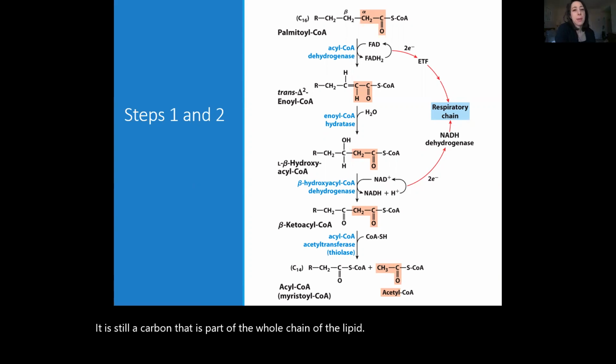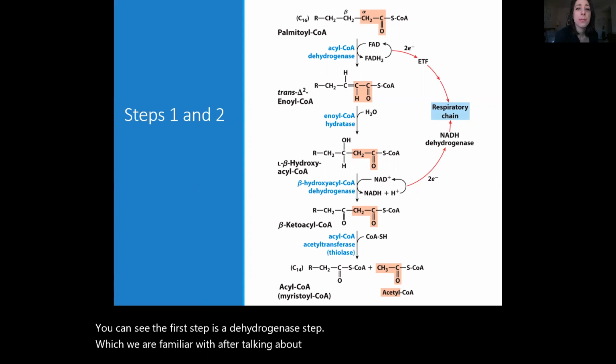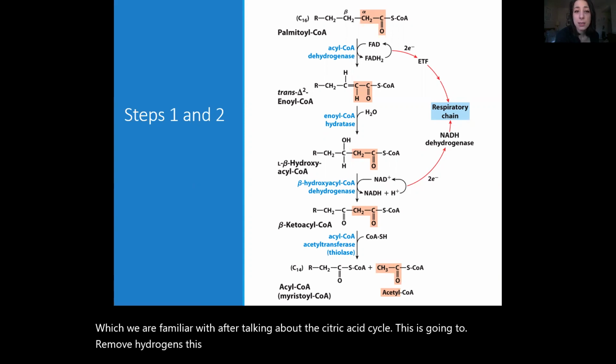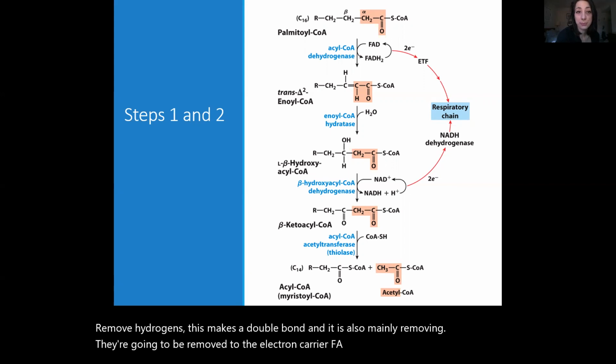You can see the first step is a dehydrogenase step, which we are familiar with after talking about the citric acid cycle. This is going to remove hydrogens. This makes a double bond, and it is also mainly removing electrons. They are going to be removed to the electron carrier, FADH2.